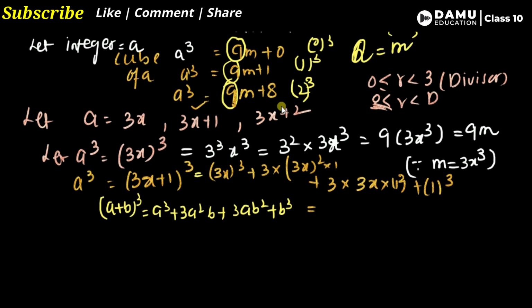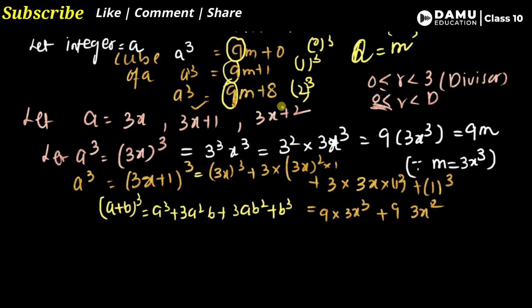The extended format is, we will write this one as 9 into, so 3 square as usual, (3x) whole cube we have written here, right? So 9 into 3x cube, that's all. Plus, here 3 square is there. For that you can take 9 as a common, then 3x square.